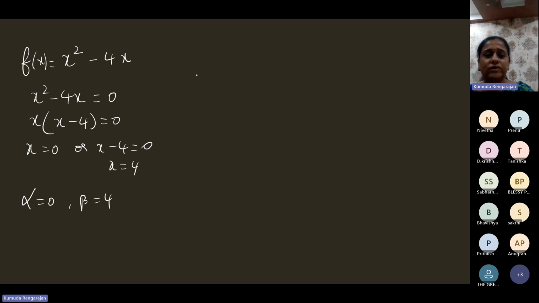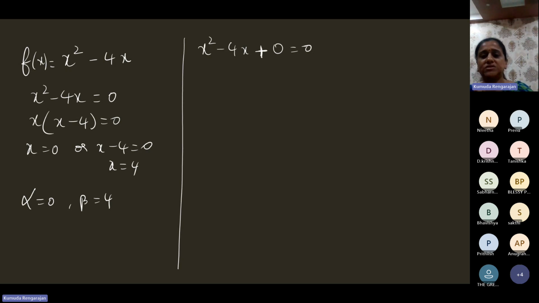So now how will we verify the sum of the zeros? Before that, the quadratic equation is x square minus 4x. The constant is missing, right? So you just put plus 0 there.